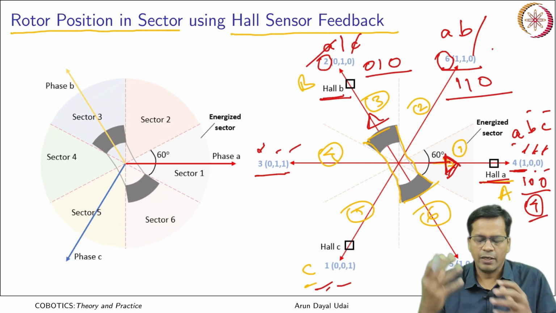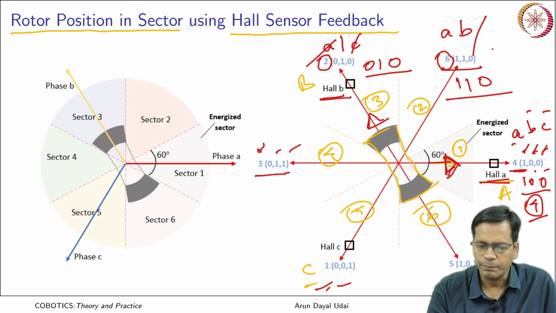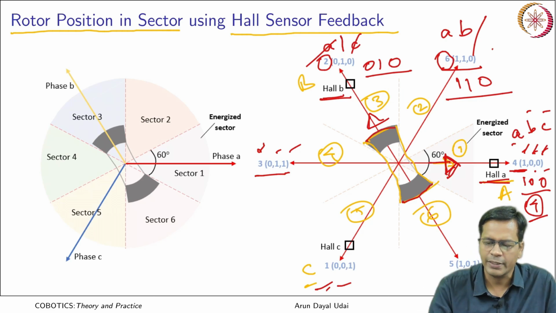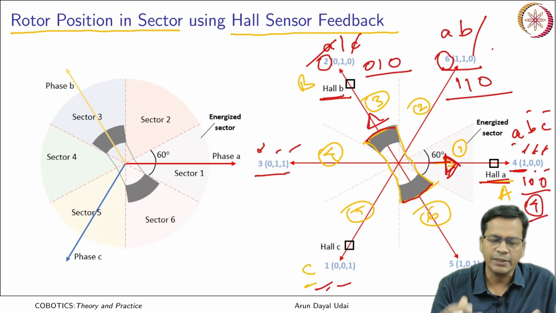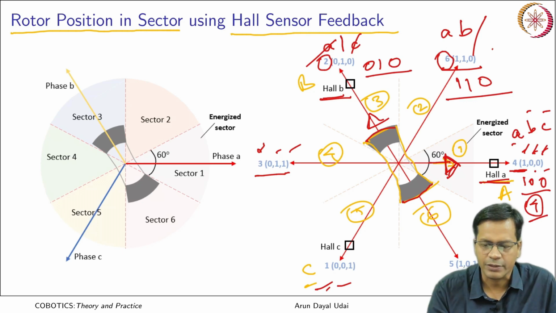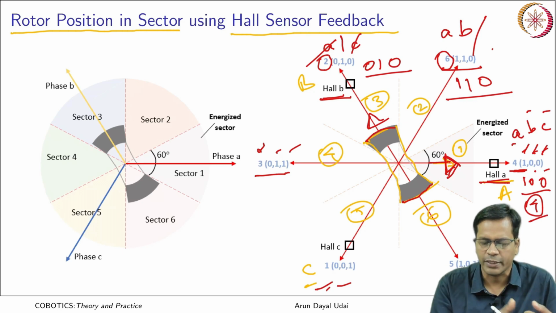Likewise, wherever your armature, this rotor which has a magnet, is lying, accordingly it can tell you the approximate position of your rotor. If it is in any of these sectors, you can get to know. Okay. So depending on that, you energize the coil which is next. This is a closed loop kind of operation.